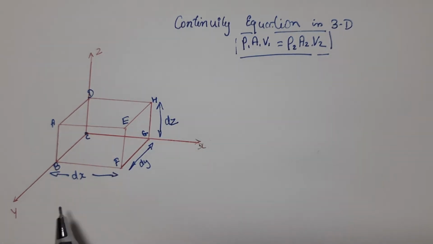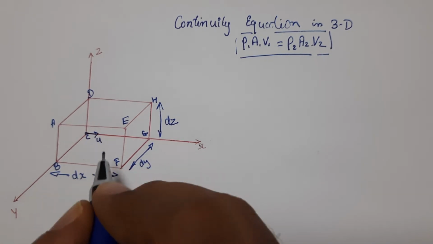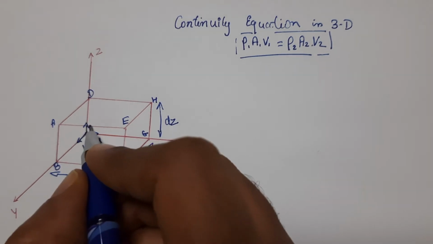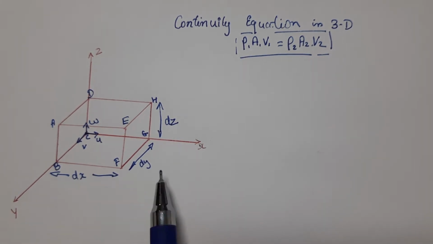So this is a component of dx, dy, and dz. Now the velocity component in the x direction we will take as u, in the y direction as v, and in the z direction as w. So u, v, w are the inlet velocities in the x, y, and z directions.